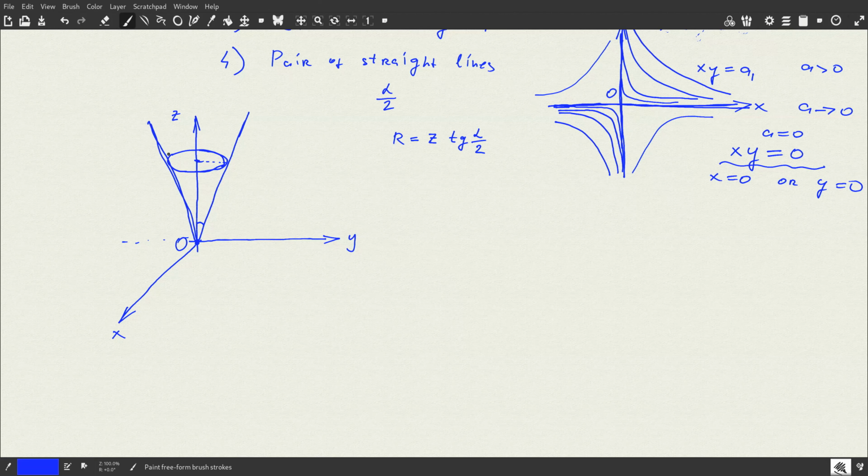And x and y are any on this circle. So when we project this circle on the xy plane, we get this circle around the 0 point. And therefore, looking at this drawing, can you please tell me, what is going to be our equation for the cone?